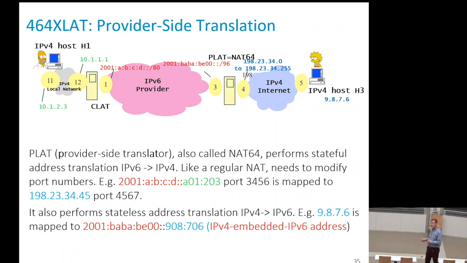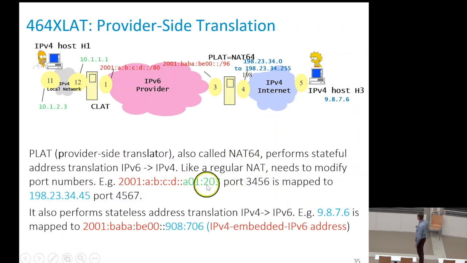But after all, that's just the problem that we always have already with IPv4, and we solve it with a NAT. So the PLAT does the job remotely that was previously done by the NAT. It's also called a carrier-grade NAT here. It's also called a NAT64, because in fact it translates an IPv6 address into an IPv4 address, but using the NAT principles here.